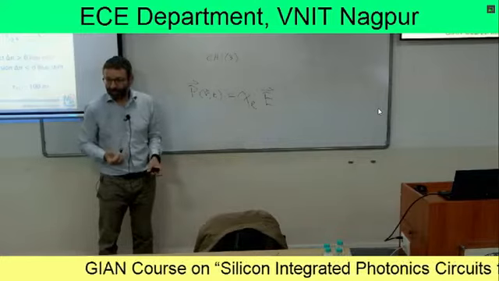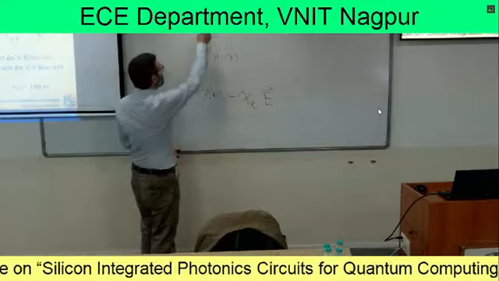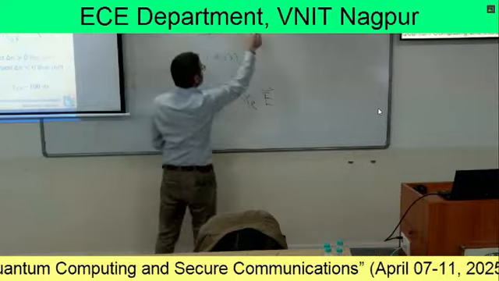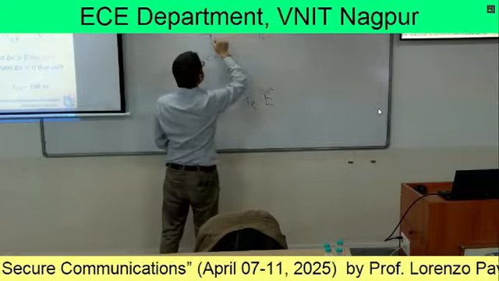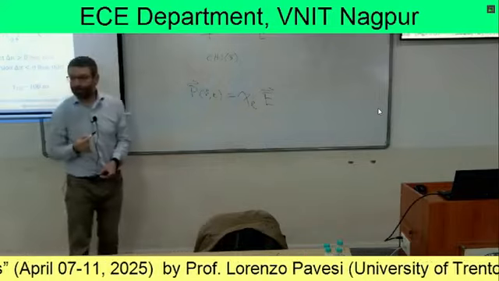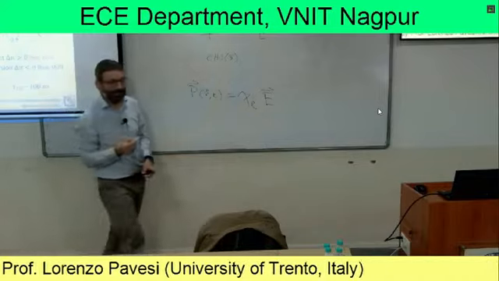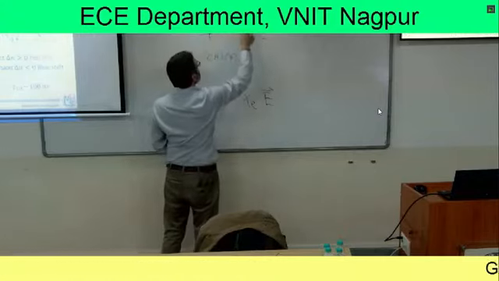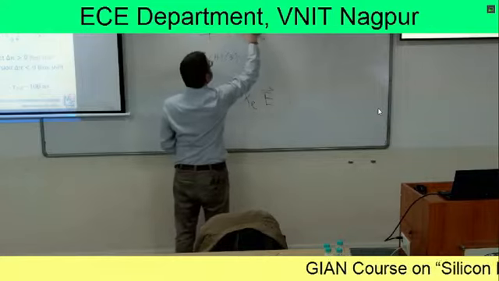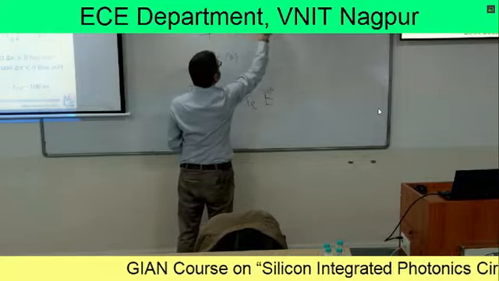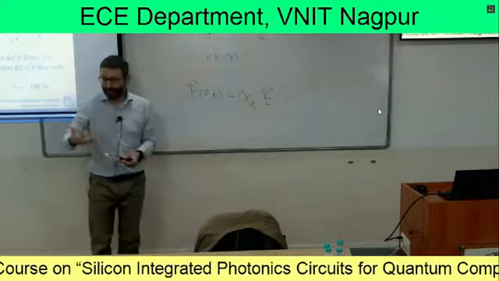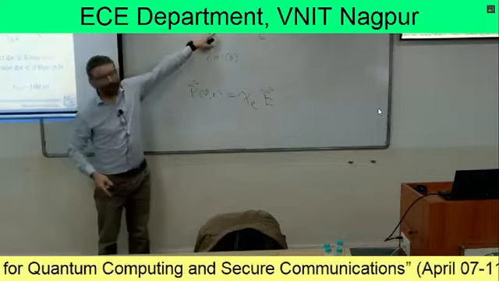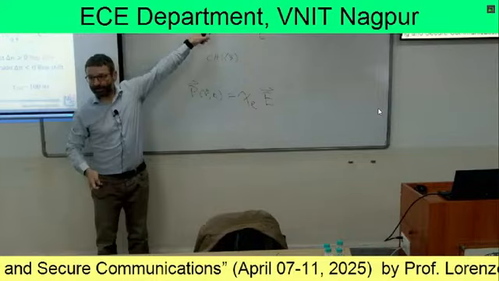But then if you start to increase the optical power, instead of having a linear relationship between the polarization and the electric field, you enter a regime where this relationship is no longer linear, okay? So if the intensity of the electric field is increasing, you are departing from a linear relationship and you end up with a nonlinear relationship.